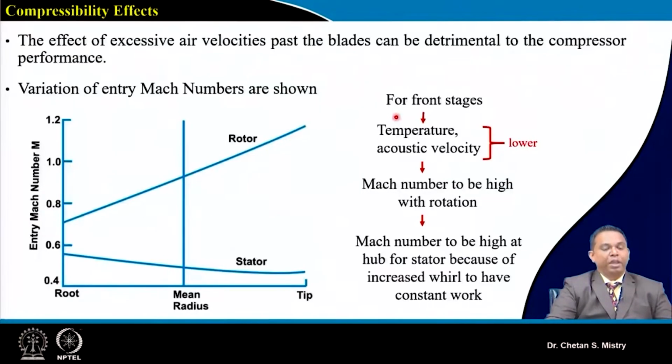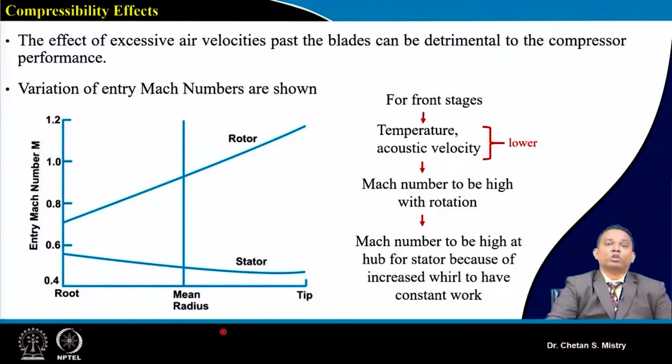Okay. Now, what we have discussed, my flow is entering inside my fan. For the front stages, we are having our temperature to be lower, and that will lead to my Mach number being higher. And that is giving my flow to be supersonic in that particular region. This is representing the entry Mach number for the rotor as well as for the stator.